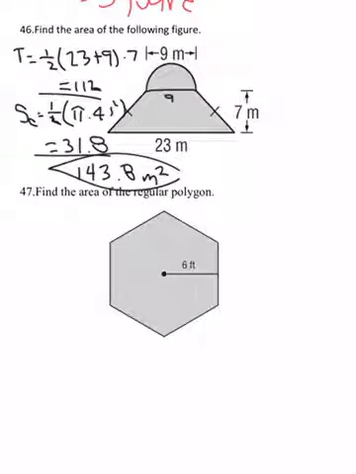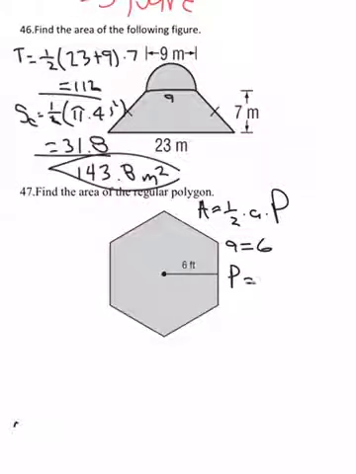As we've talked about before, the area of a regular polygon is 1/2 times apothem times perimeter. This time they give you the apothem. What they don't give you is the perimeter, or a side length to even start it. You're going to have to set up a problem with the right triangle there.